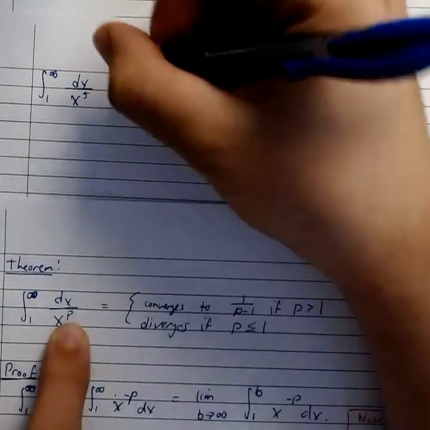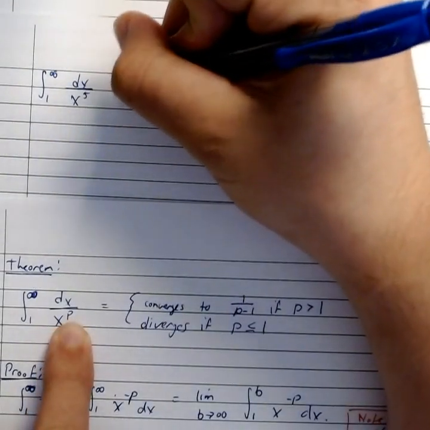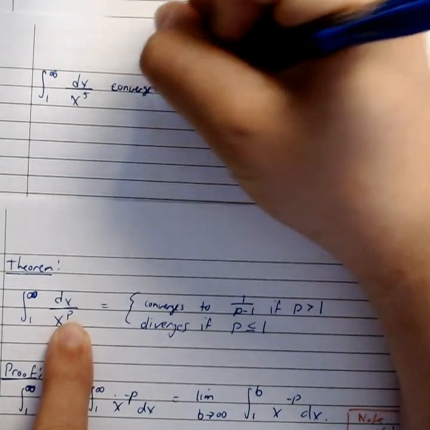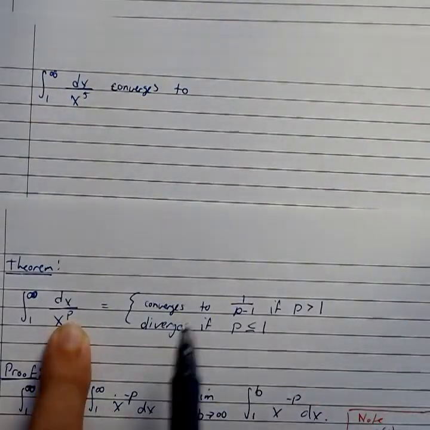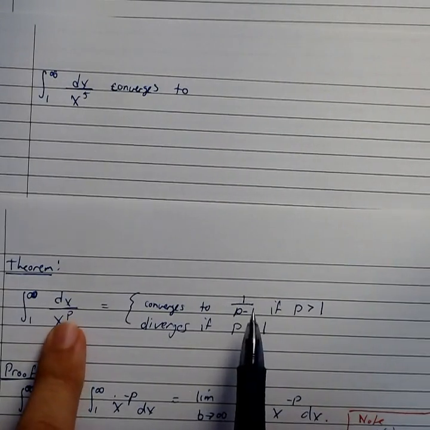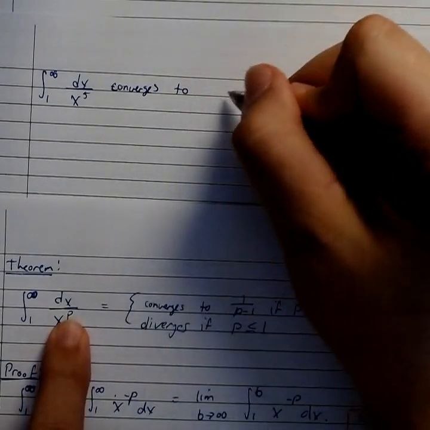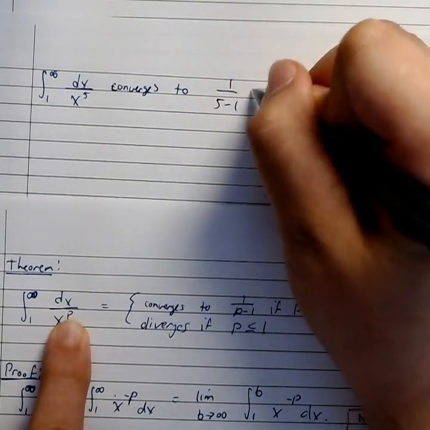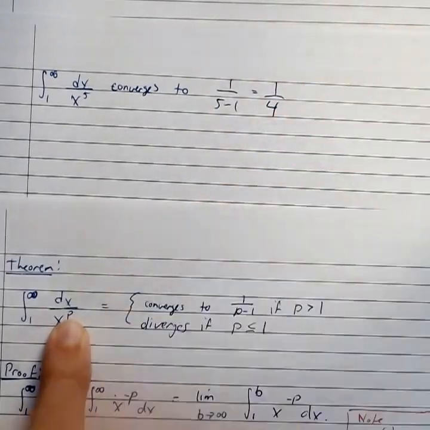So this will converge to, and not only do we know it converges, we know it converges to 1 over p minus 1. But p is the number 5. So that's going to converge to 1 over 5 minus 1, or in other words, it'll converge to 1/4.